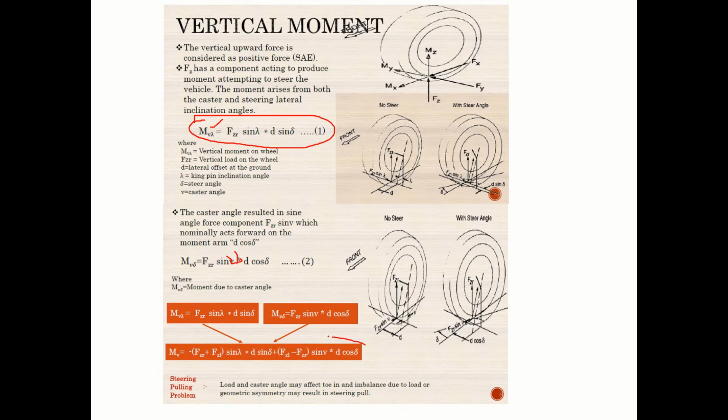Finally the total vertical force will be this. Moment due to vertical force will be this. So I suggest you study this geometry, and after resolving all these forces, take the moment about the steering axis and you will get this equation.